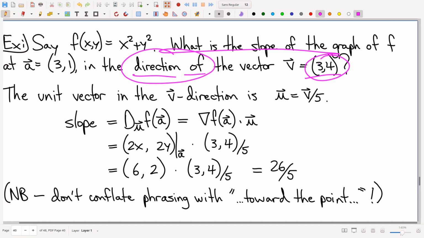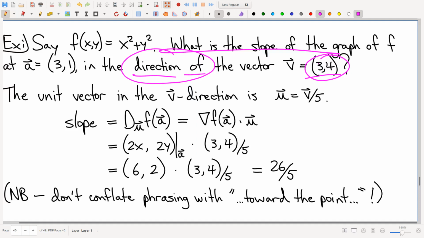Well, it says direction, and points don't have directions, right? So even without the explicit indication that this should be interpreted as a vector, the mere fact that I'm talking about a direction, using 3, 4 to represent a direction, means that you still have to interpret it as a vector.